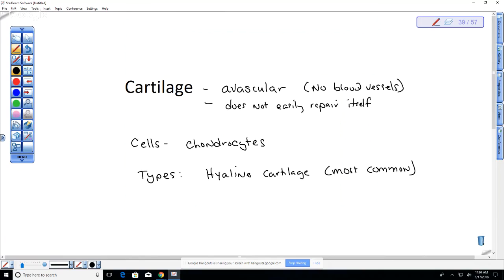Okay. We also have elastic cartilage, and this would be like in our outer ear. Okay. And then we have a type of cartilage which is called fibrocartilage.